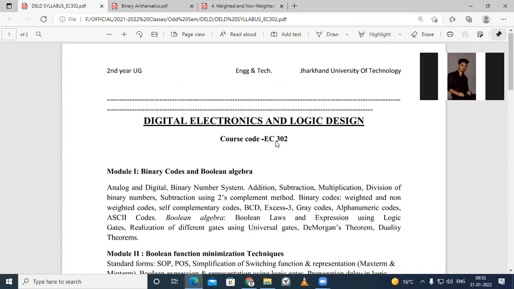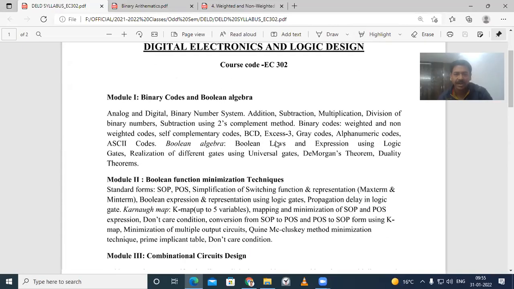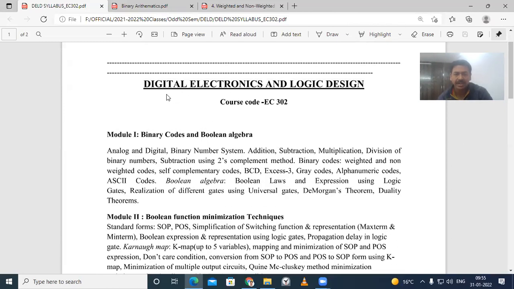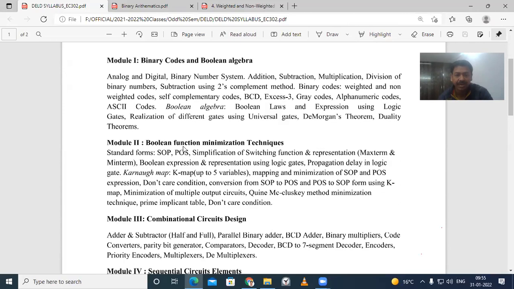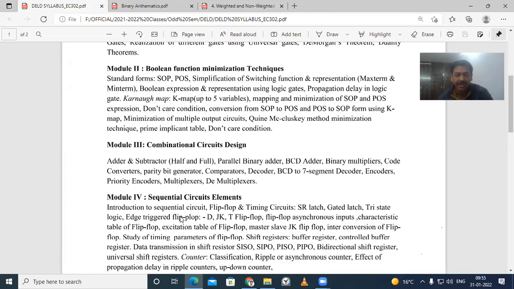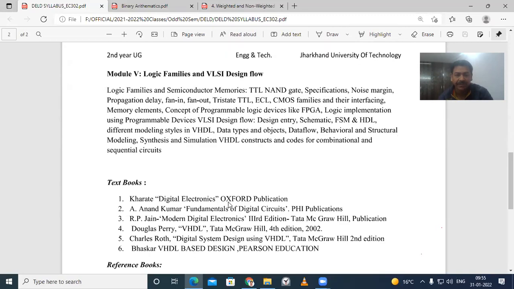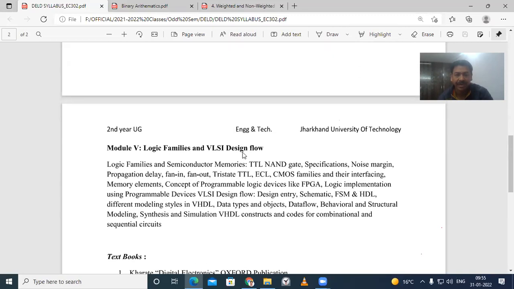As you can see, the name of the subject is digital electronics and logic design. The first module is dedicated to binary codes and Boolean algebra. The second one is Boolean function minimization techniques, the third is combinational circuits design, the fourth is sequential circuits elements, and the fifth is logic families and VLSI design flow.